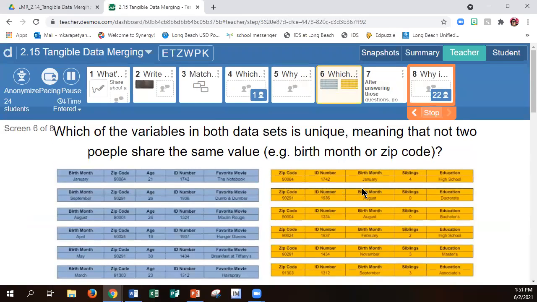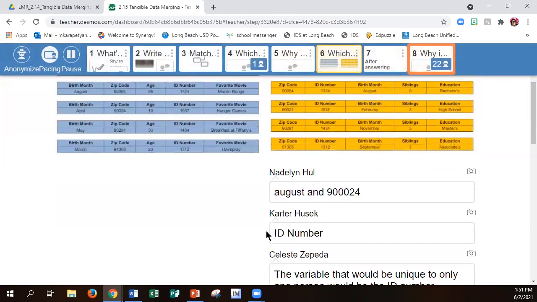January, February, August, those are observations. That's the actual data that you've collected. The variable is the birth month or zip code. So when I ask you for variables, I'm not asking you for specific observations. I'm asking you for the overarching variable name.